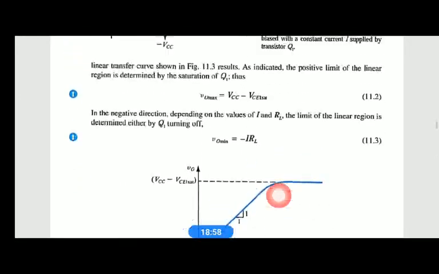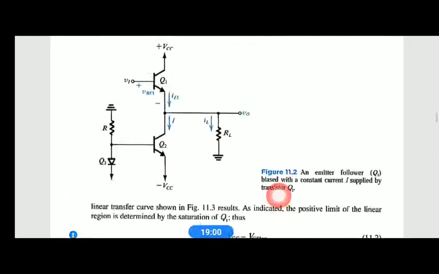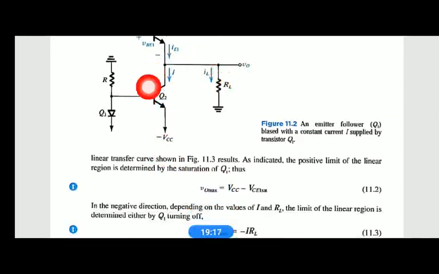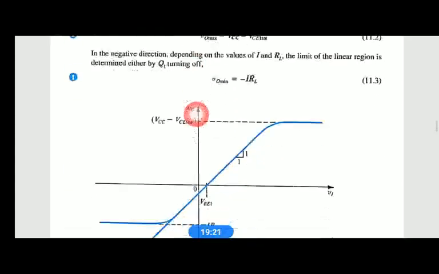You clearly saw the output voltage here if it is not working; this plus, minus, plus will give you minus VCC plus VSAT. See this loop for the minimum output voltage.